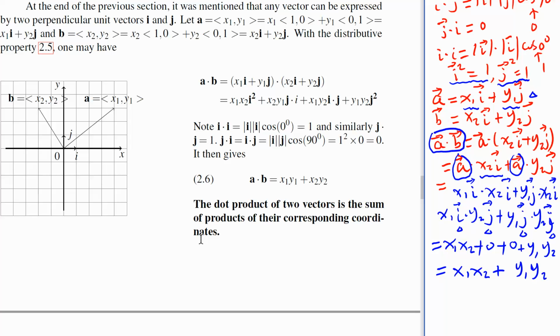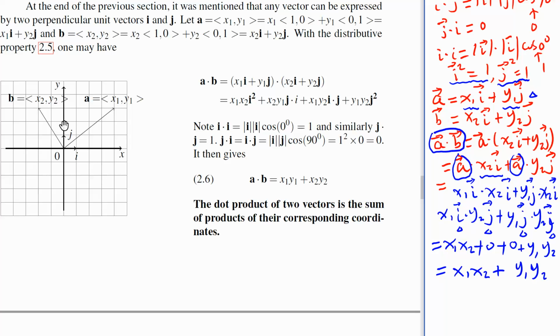Okay, so right here, if here was our A, x1, y1, and here is B, x2, y2, then what you get will be x1 times this x2 plus y1 times this y2.